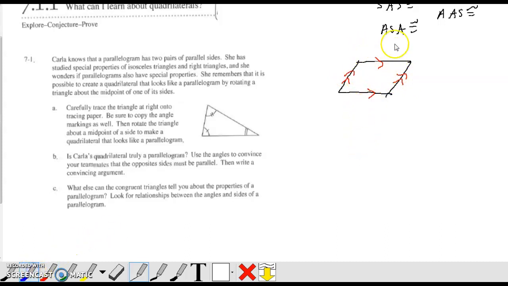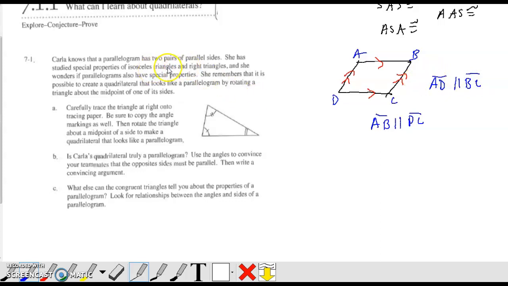If we label them A, B, C, and D, I can say AB would be parallel to DC. I could also say that AD is parallel to BC and things like that.